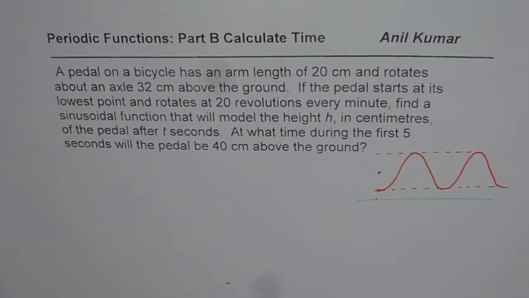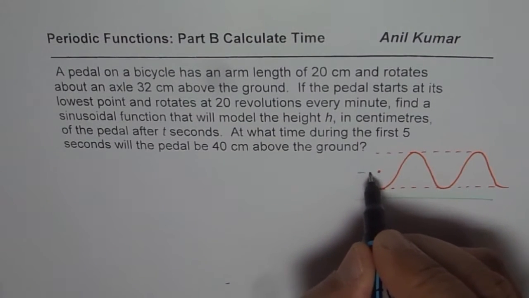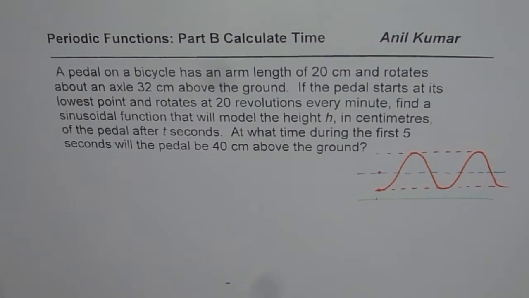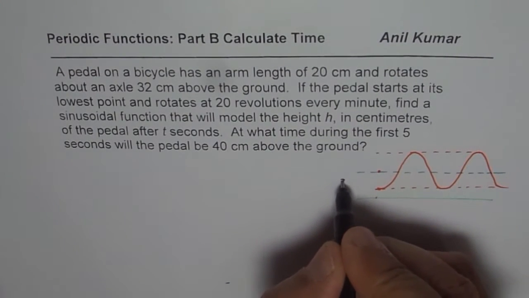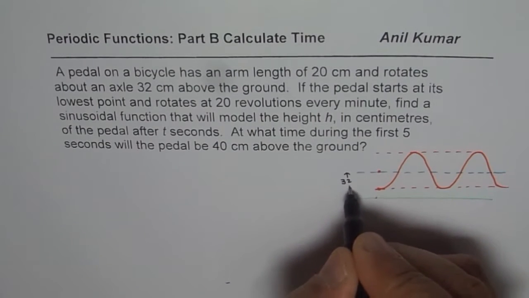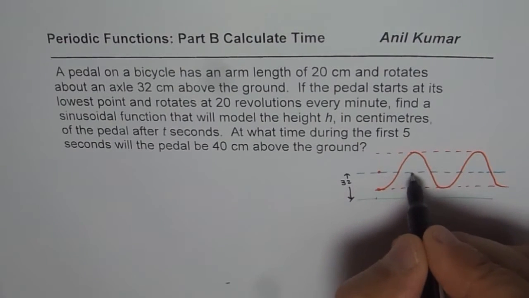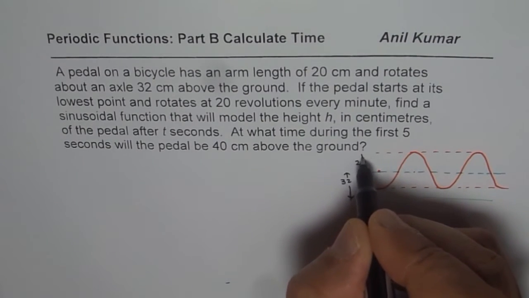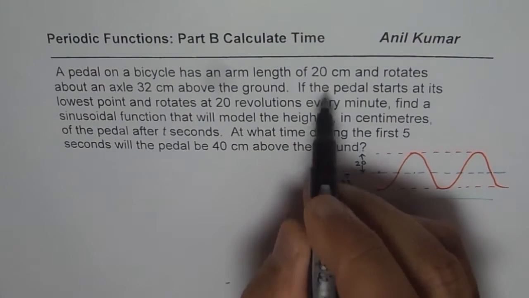Now in this we analyzed that the axis here, this distance is 32 from here, right? And the amplitude, which is from here to the top because of the pedal, will be 20 centimeters.